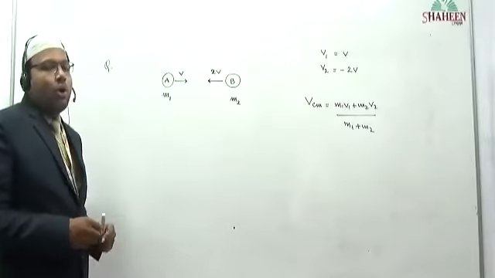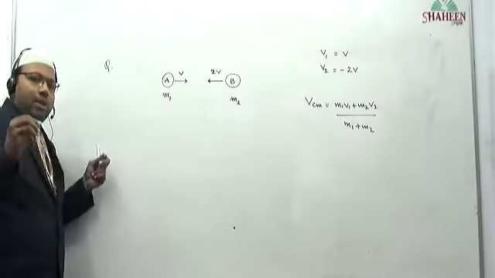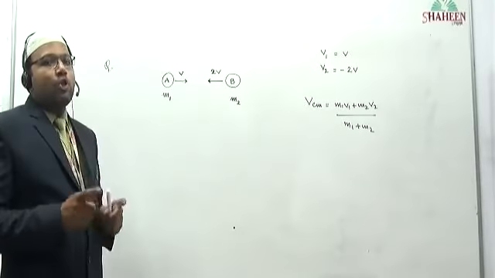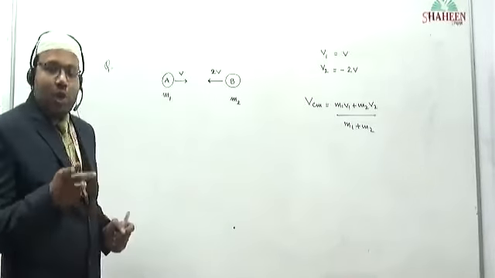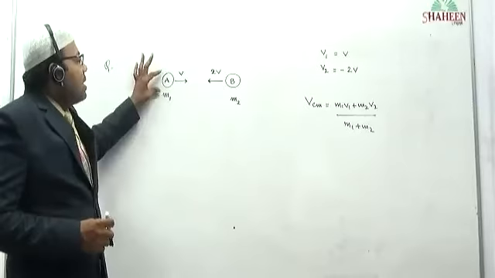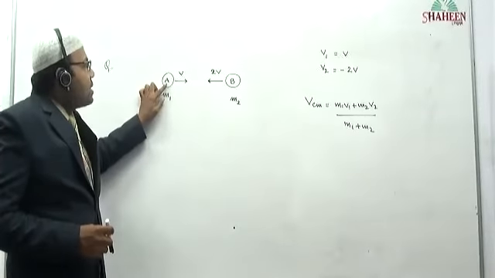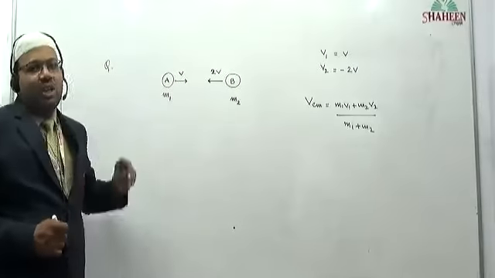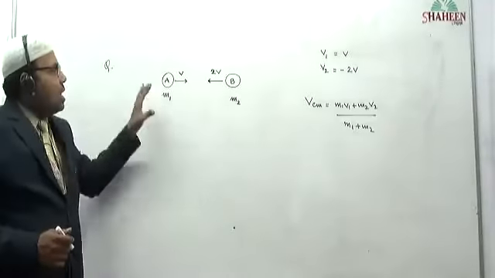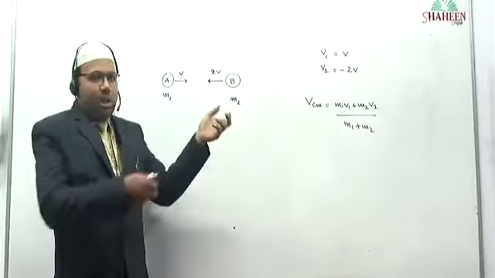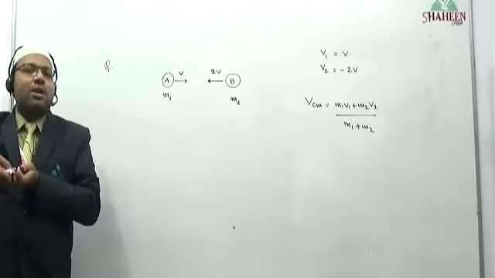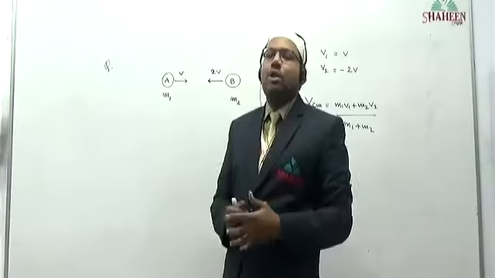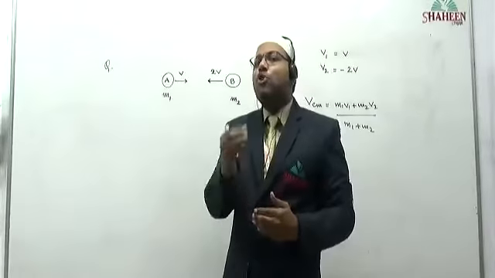Mutual force of attraction means, first, they are moving in opposite direction. Second, the forces of both are equal. How much force A exerts on B, B exerts the same force on A. Suppose A is pulling B with 2 newton, then B will also pull A toward itself with 2 newton. That is the meaning of mutual force of attraction.